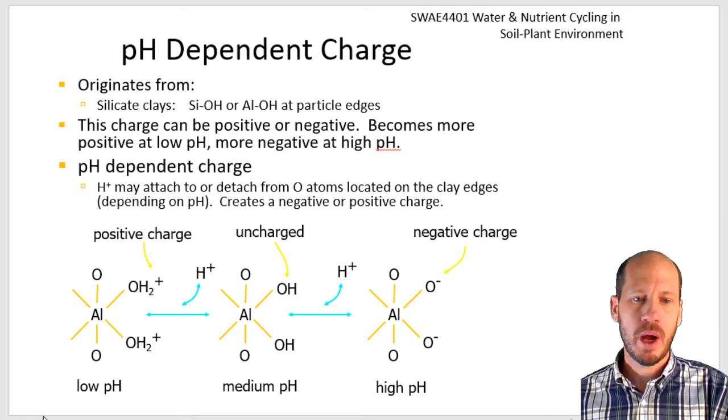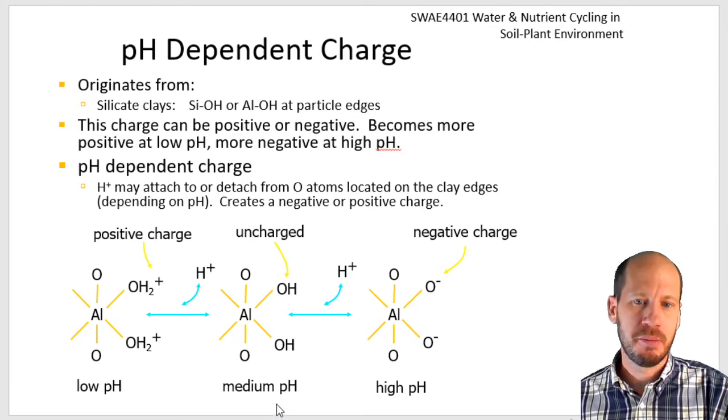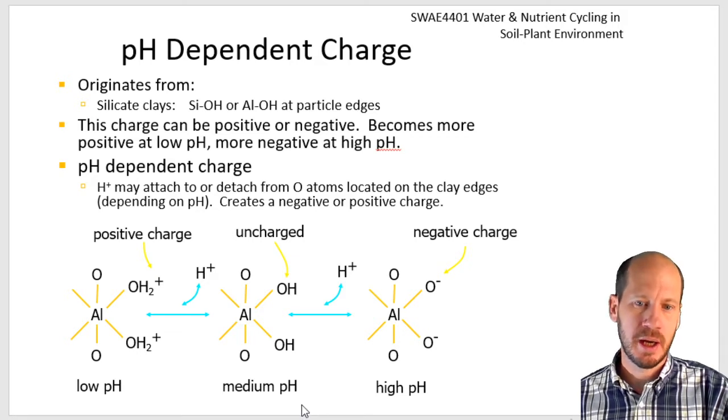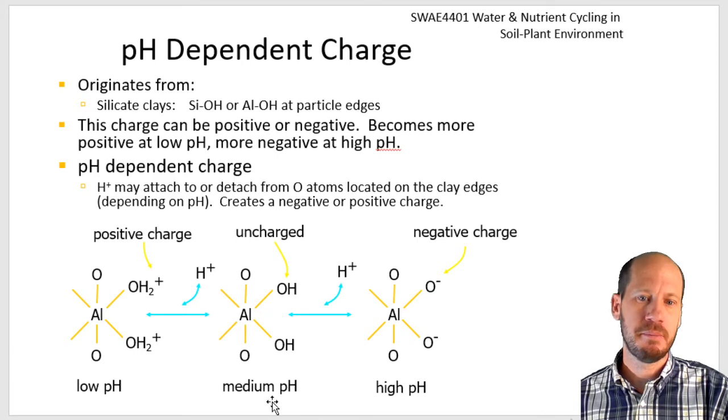If you start raising the pH, you reach a point where these protons are released back into the solution, and this point is called the isoelectric point, or the zero point charge of the clay. Yeah? If it's a pH-dependent charge clay, at some point the net charge is zero. The net charge zero is the isoelectric point, or the zero point charge of this clay.